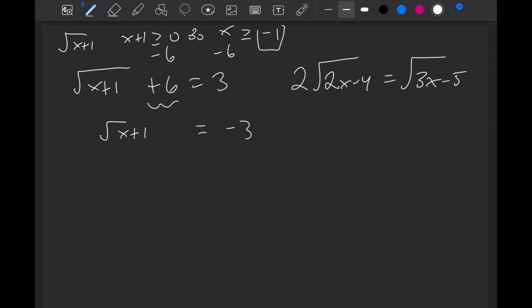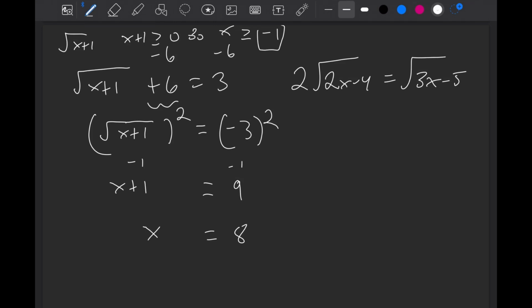Okay, so now we have this, and we're going to square both sides to get rid of the square root. And we'll get 9 equals x plus 1, and we'll get x equals 8 by subtracting 1 on both sides.